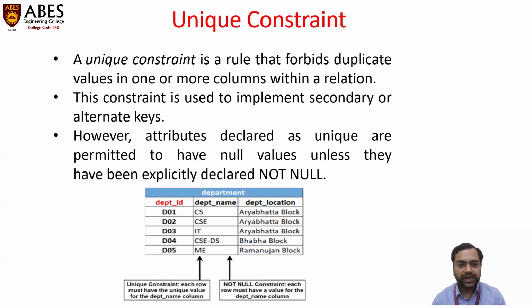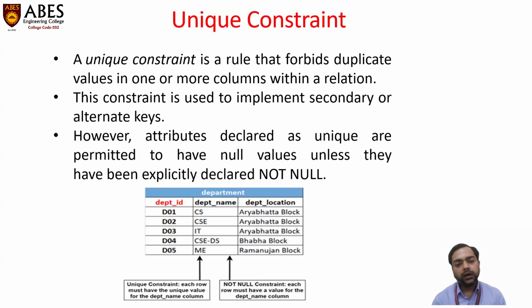The first property is that all the values should be unique, which is enforced by the unique constraint. The other property is that we cannot insert any null values, which is enforced by the not null constraint.